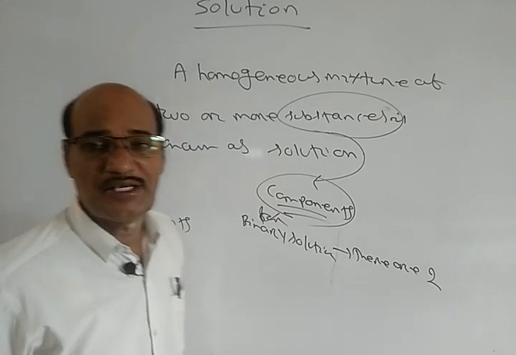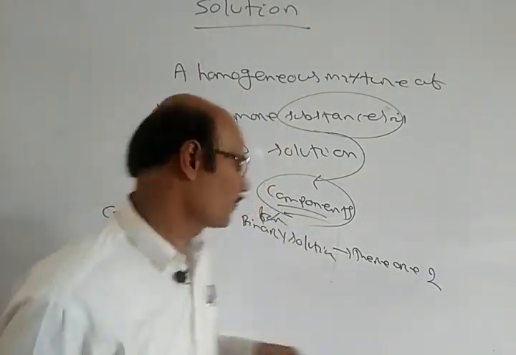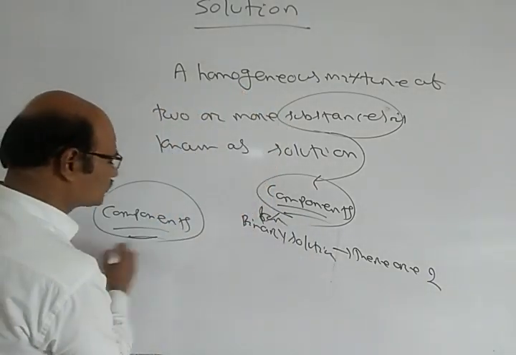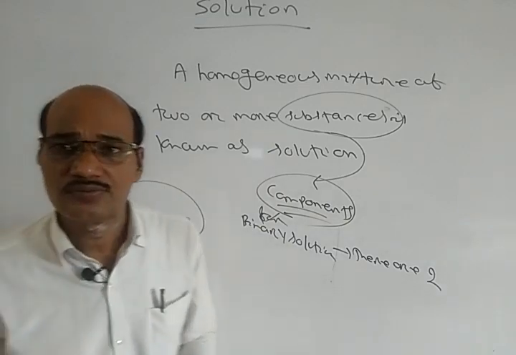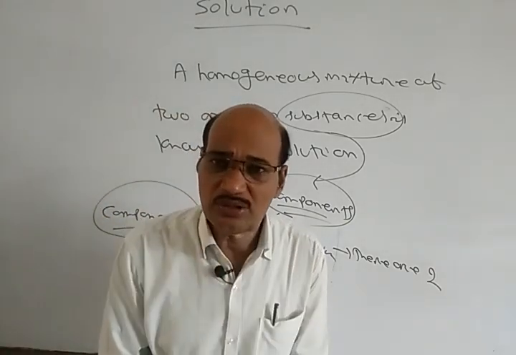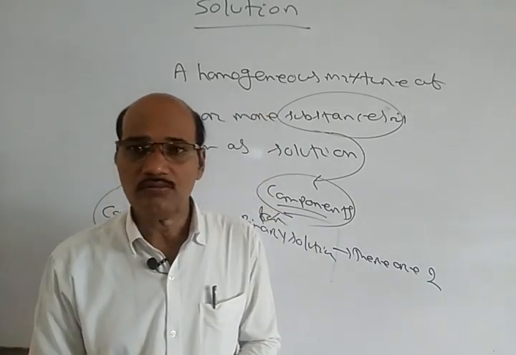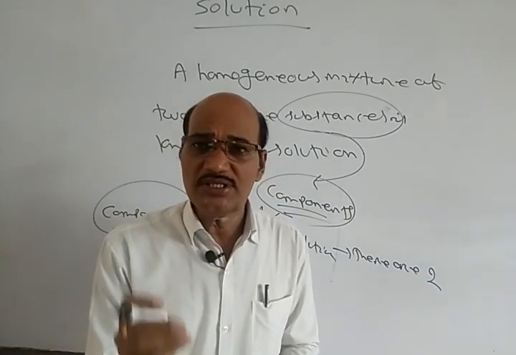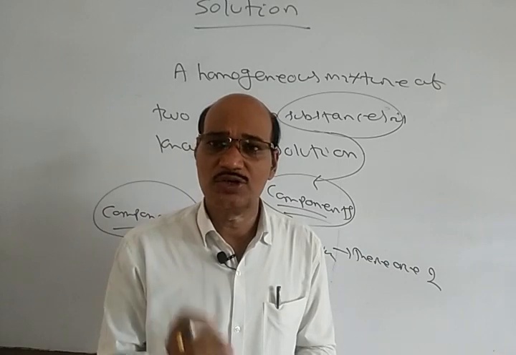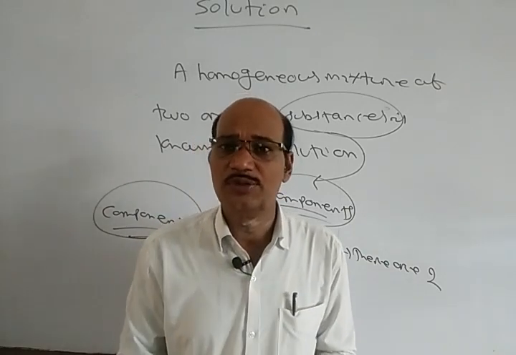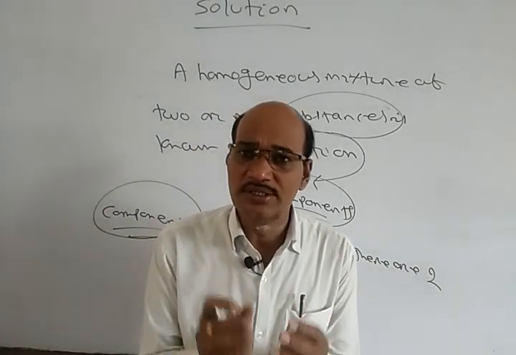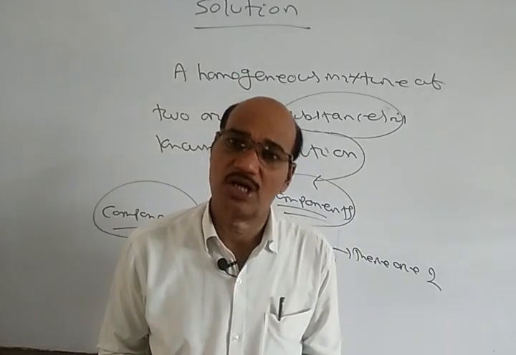For a binary solution, we have two components, and out of the two, one component is in small proportion and the other component is in large proportion. The component in small proportion is known as the solute, and the component in large proportion is known as the solvent.